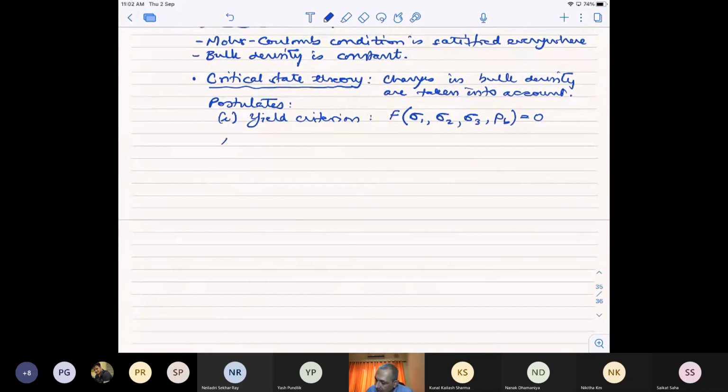The second postulate is what is called the coaxiality condition, which says basically that we've calculated the principal axes of the stress tensor.